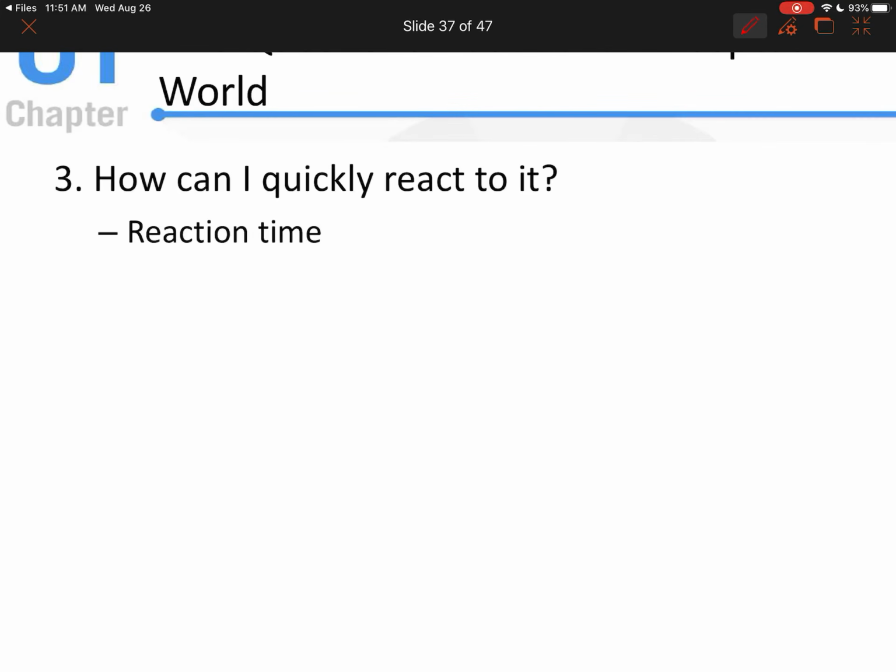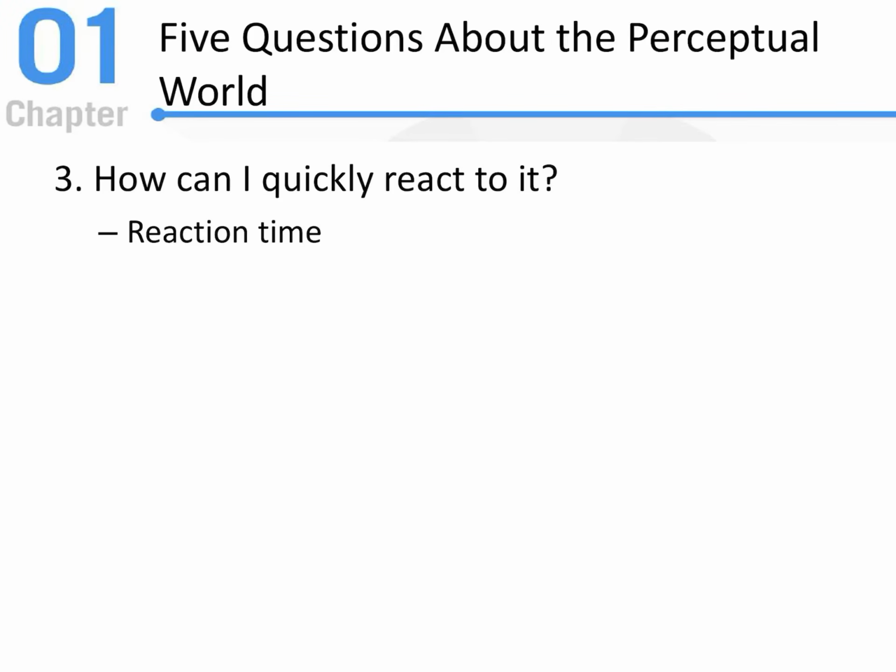Another question is, how quickly can you react to whatever it is that you're looking at? When it comes to reaction experiments, we want to see, usually in milliseconds, how quickly can a person see something?